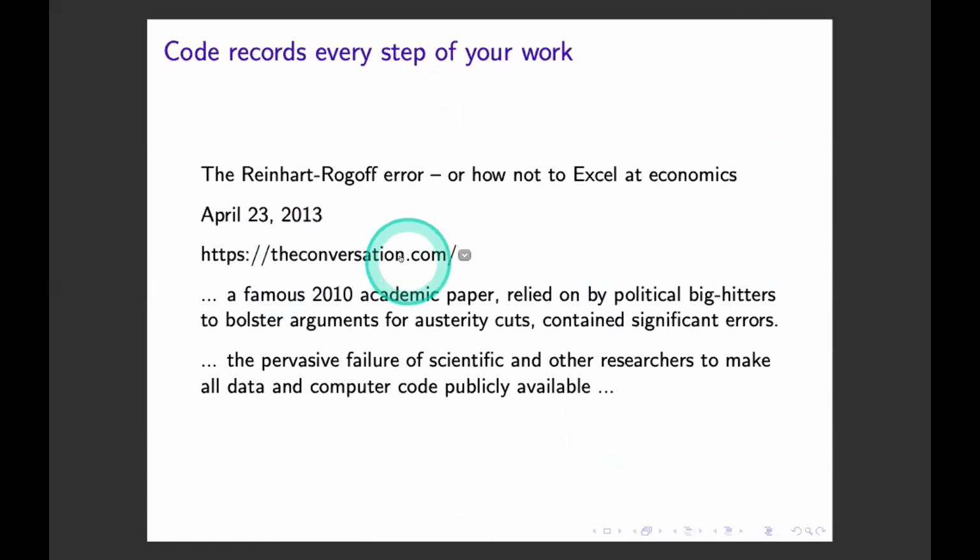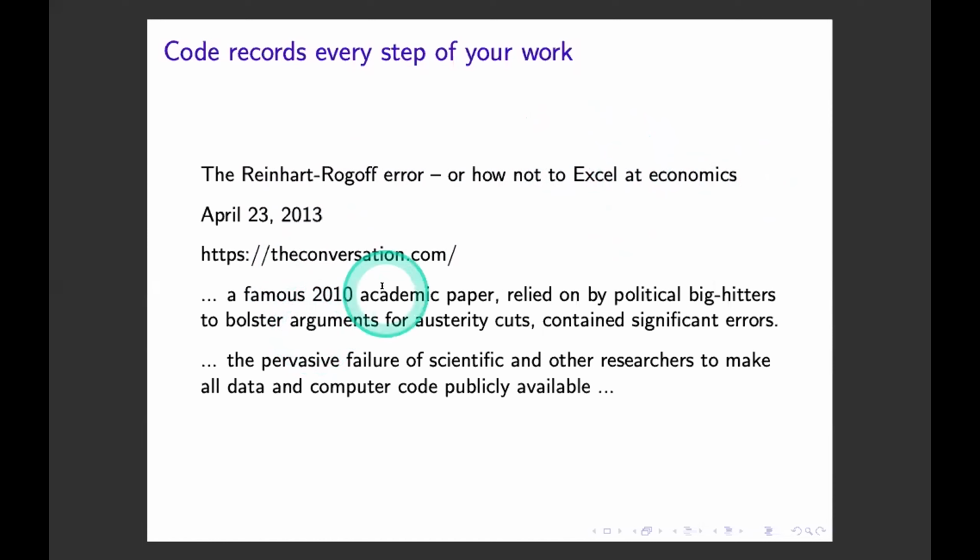This blog entry in 2013 spoke about the Reinhardt-Rogoff error, both very prominent economists. It's titled The Reinhardt-Rogoff Error, or How Not to Excel, and deliberately the play is on Excel at economics. So in data science, there's some amount of disdain for Excel and the lack of reproducibility of Excel.